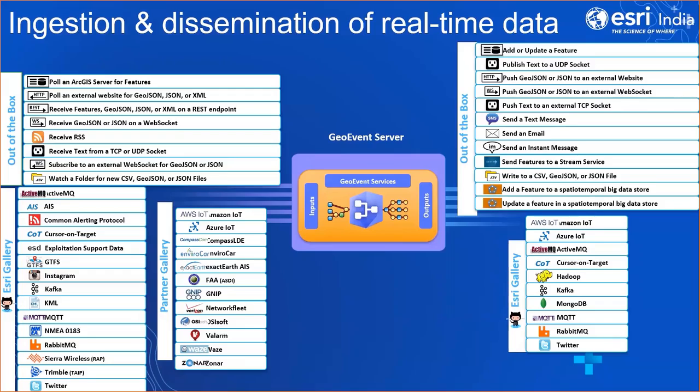So these are all out-of-box input connectors and output connectors available in Geo Event Server to configure the appropriate data feeds, the processes and the destination system.